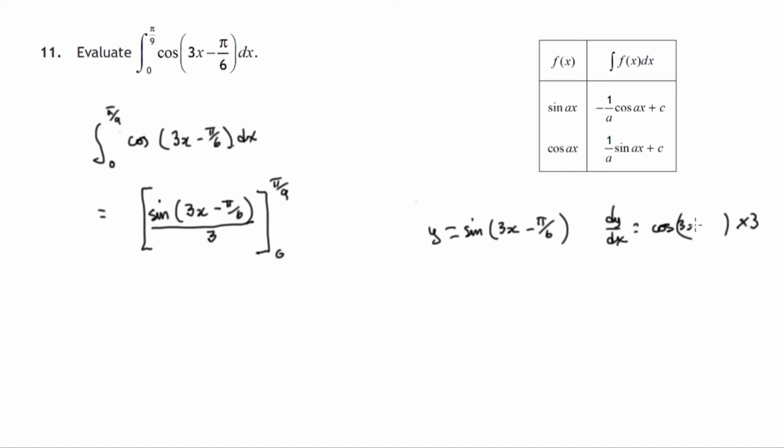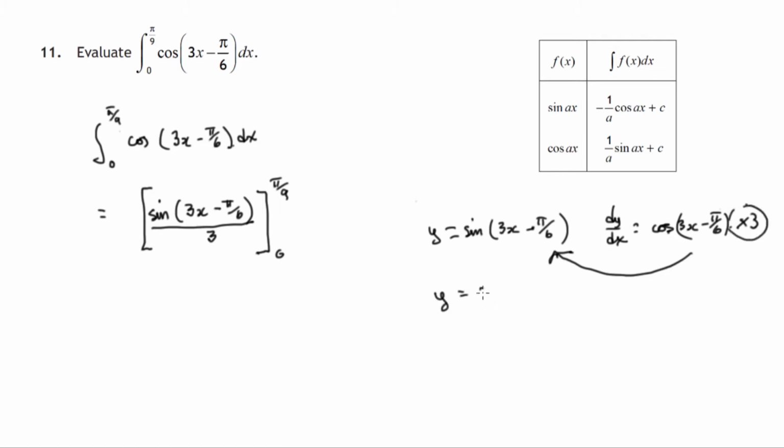So we'd get a factor of 3 appearing there. So the integral of cos of 3x minus pi upon 6 times 3 would give us that, which is not what we've got. We have a divide by 3 to cancel this times 3 that appears there.